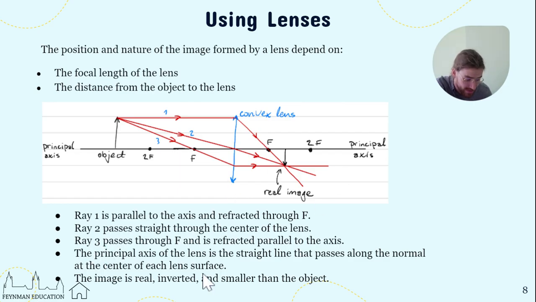The principal axis of the lens is the straight line that passes along the normal at the center of each lens surface. So again, it's just a perpendicular line to the lens, same thing as our normal line in our refraction, because this is refraction, right? Remember that. And the image is real, inverted, and smaller than the object.